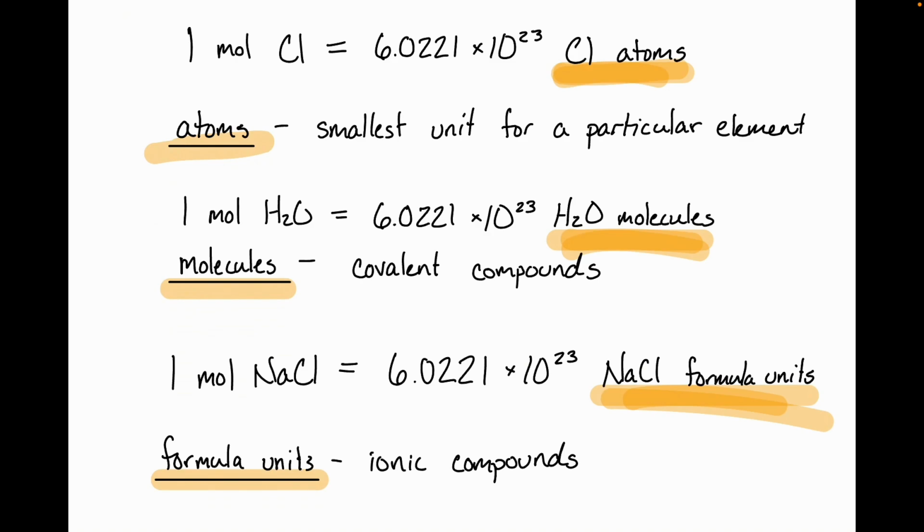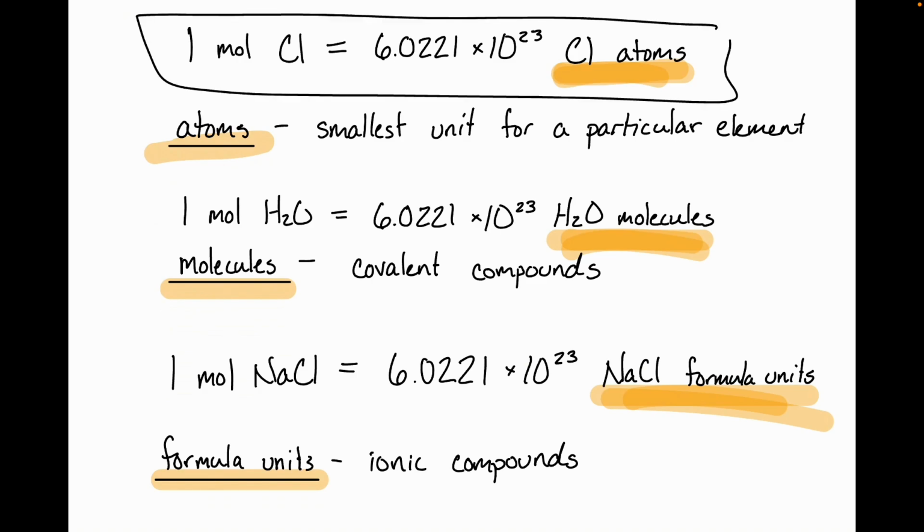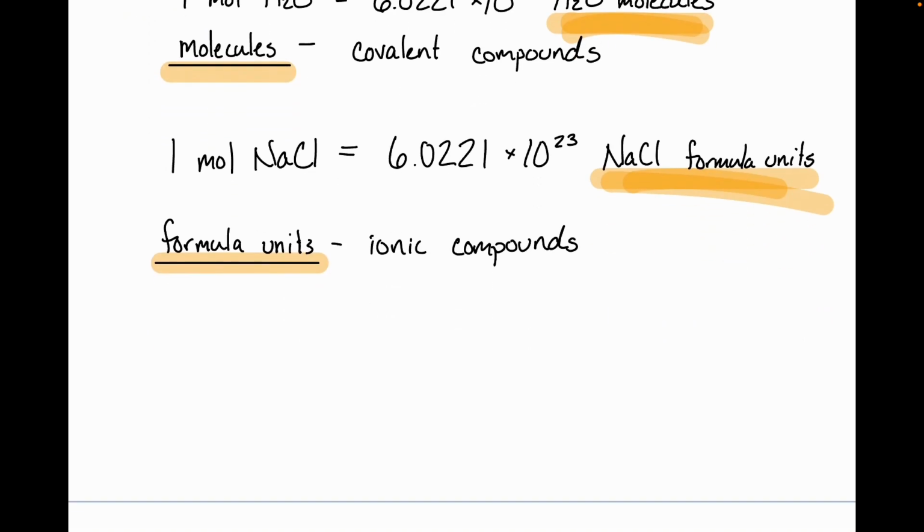Cool, okay, so first thing that we should be able to do with this Avogadro's number here is to take this piece of information and build one of those conversion factors, just like we did before, right? We said that 1 inch was equal to 2.54 centimeters, and we stacked them on top of each other to build one of those conversion factors. We're gonna do the same thing with this piece of information here, right?